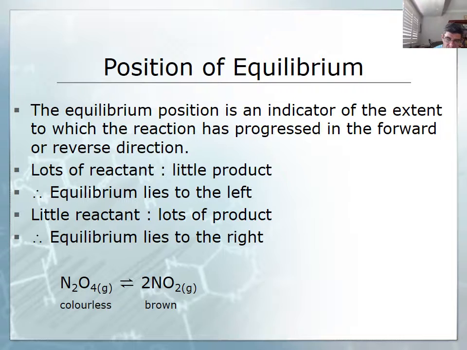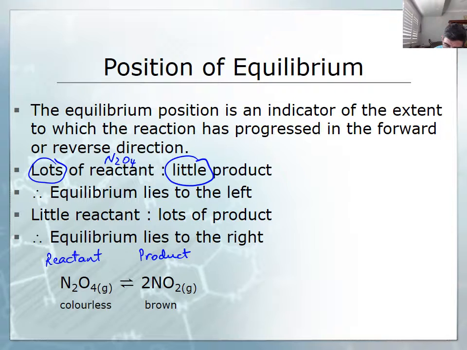What we do is if we have a lot of reactant and little product, so for the reaction down the bottom, the dinitrogen tetroxide in this case would be the reactant, and the nitrogen dioxide would be the product.